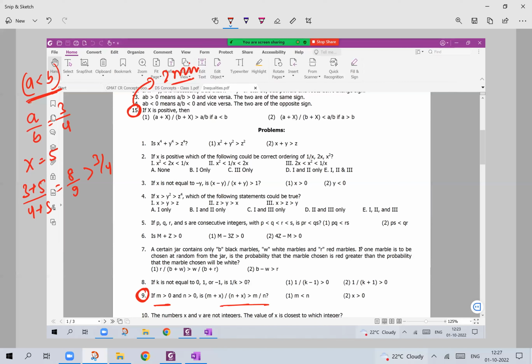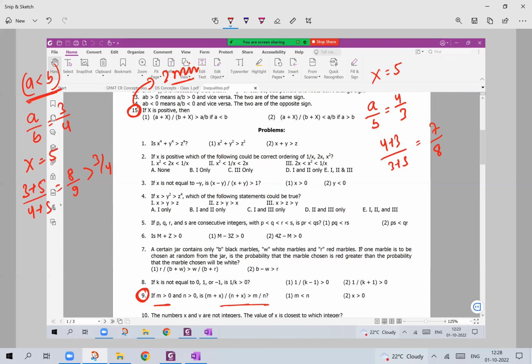Now, imagine I take a fraction a over b equal to, let's say, 4 by 3. Now there is an element x equal to 5, which I add on numerator and denominator both. So let's say 4 plus 5 by 3 plus 5. What is the value you are getting? 3 plus 5 is 8, 4 plus 5 is 9.